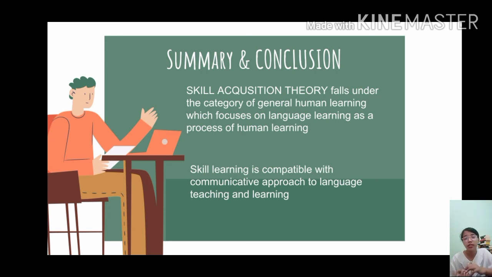As DeKeyser in 2018 said, skill acquisition theory is not a blueprint for a new language method. It is not a change of direction, but it is an extension of current second language acquisition approaches. Skill learning is compatible with the communicative approach to language teaching and learning.